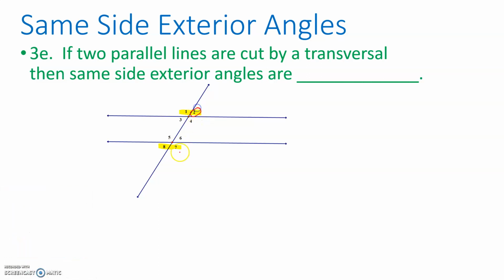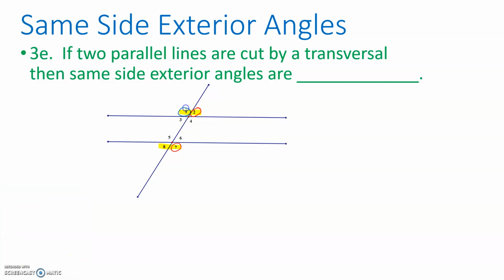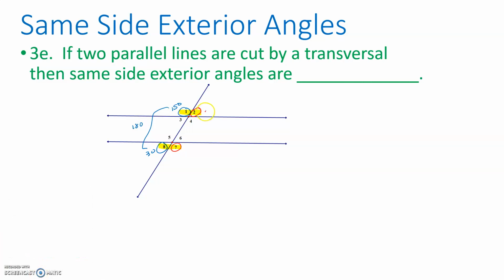So this guy and this guy are same side exterior angles, and these are same side exterior angles. This is a 30, this is a 150, so again, look how they add up to be 180. And then these guys, this is a 30, this is a 150, they add up to be 180.